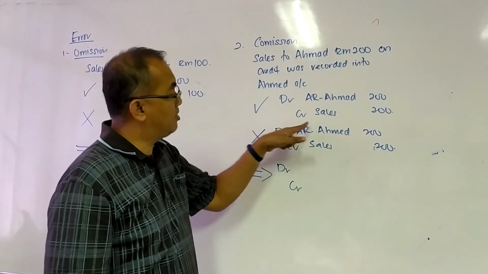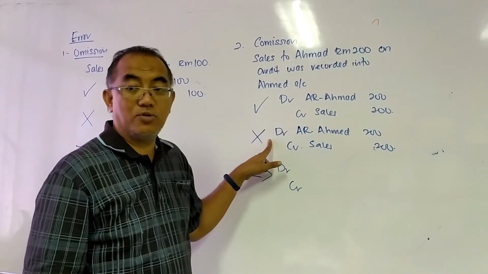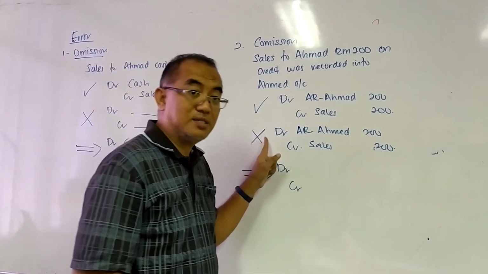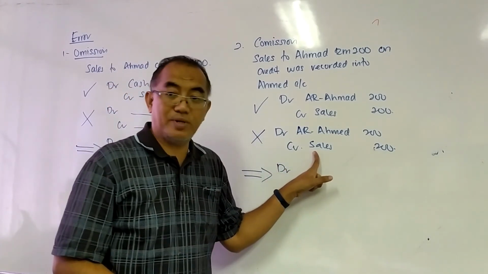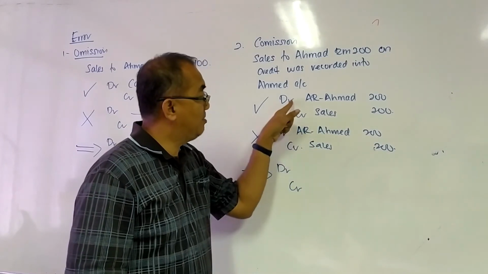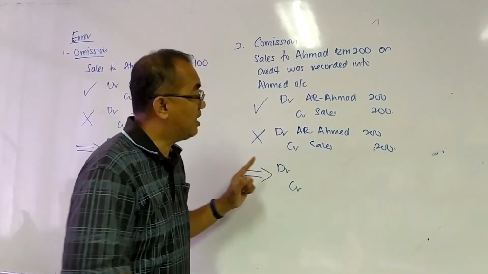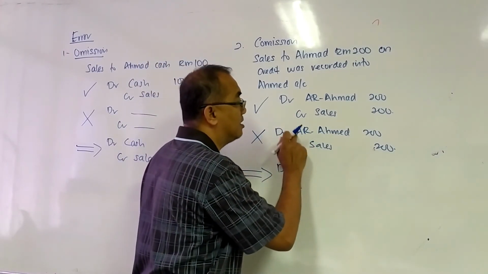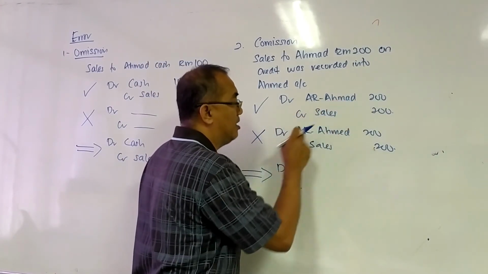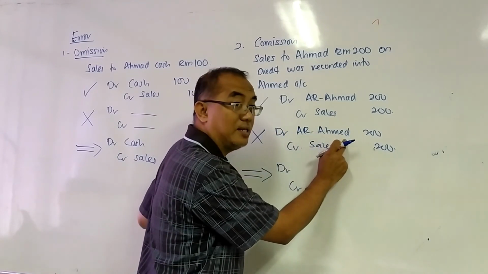Because sales is already correct, even though you wrote it wrong here, the credit to sales is already correct. What is wrong is here. It should be debit Ahmad, but you debited Ahmed.